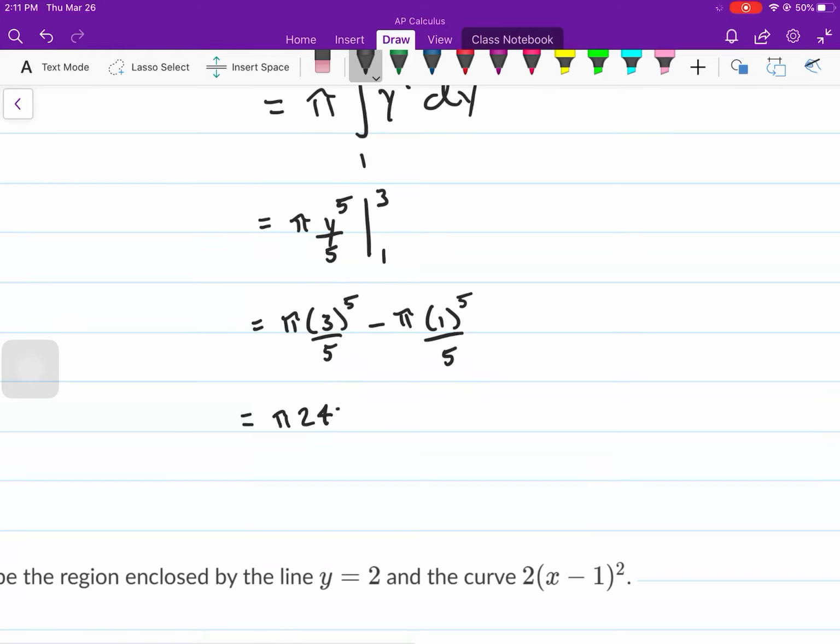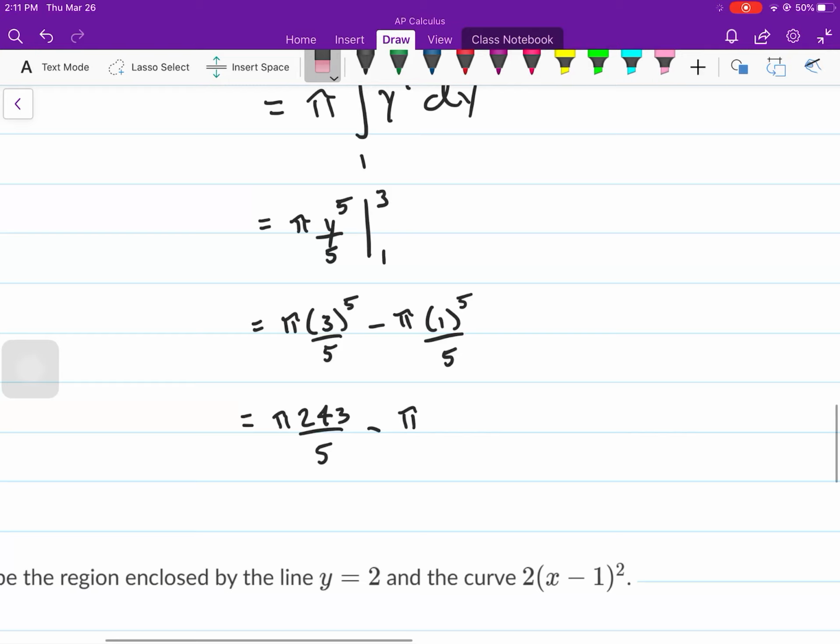So pi times 243 over 5 minus pi times 1 over 5. So this will be pi times 242 over 5.